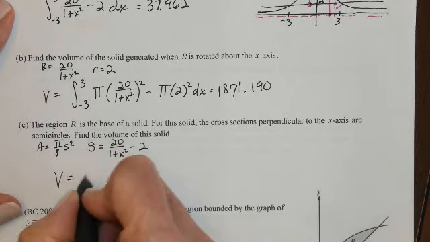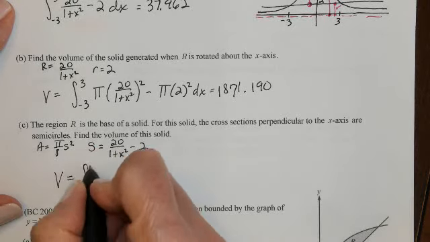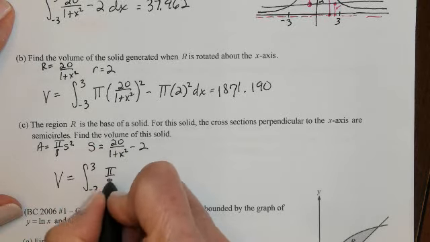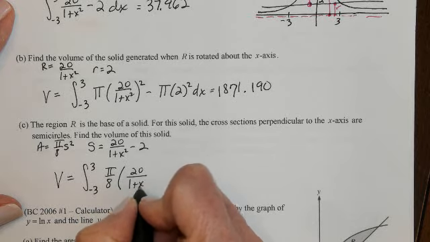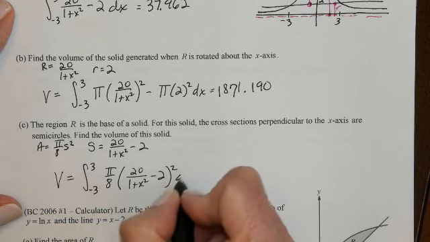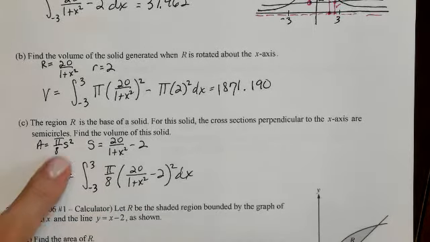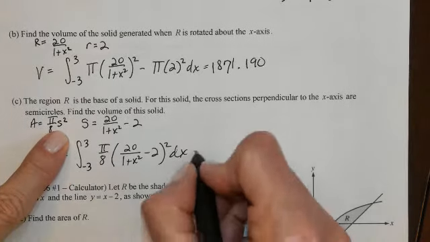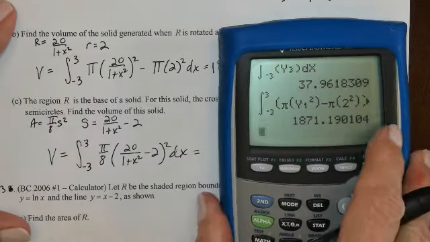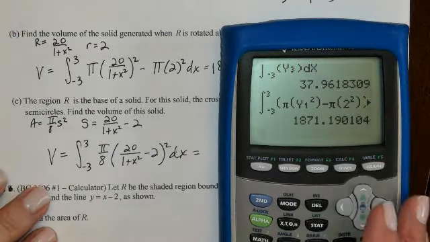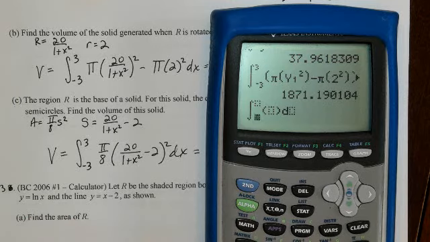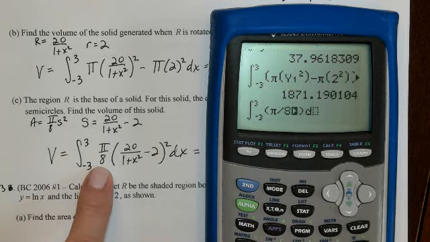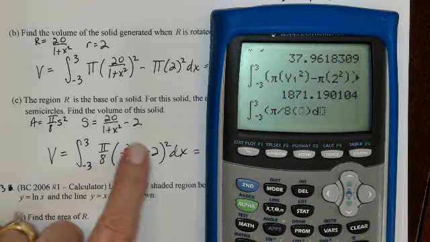So the volume will be the integral from -3 to 3 of pi over 8 times s squared. That's our formula for the area of a semicircle in terms of the diameter. Okay, so math 9, -3 to 3, pi over 8, times, this is our y3, right?